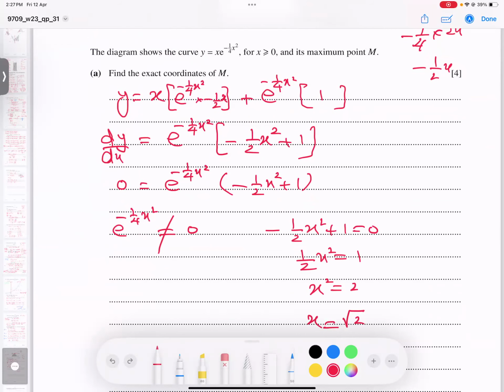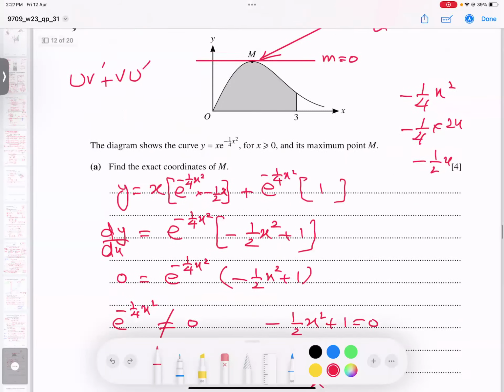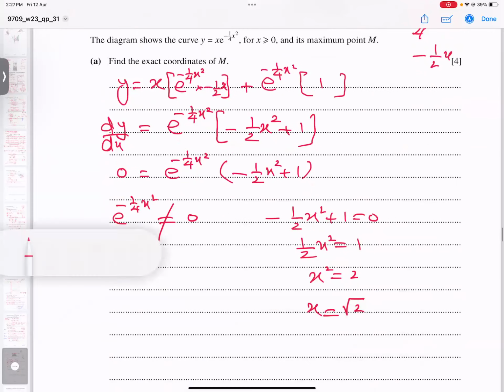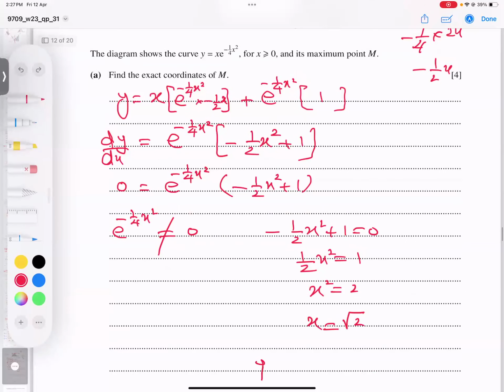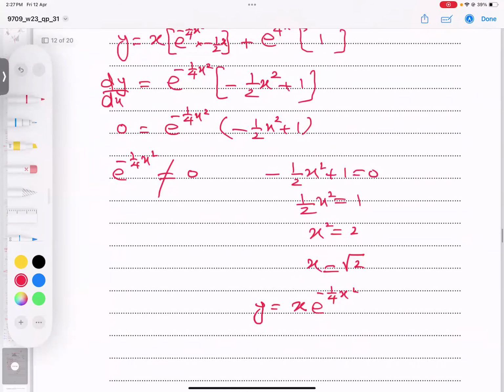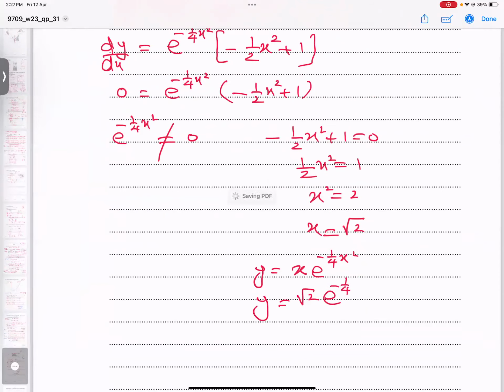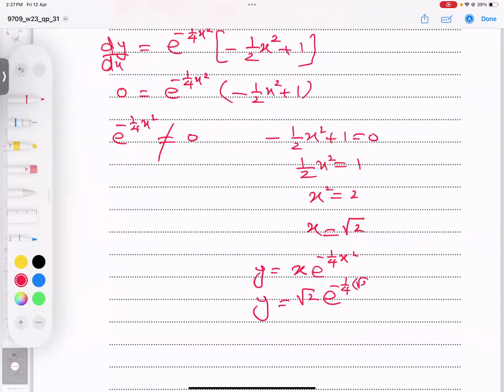So not only x, we have to go for y as well. That is why I'm going to plug into the equation, and that equation is, let me write, y equals x e to the power of negative 1 over 4 x squared. So root 2 comes outside, and the exponential is negative 1 over 4 times root 2 squared.